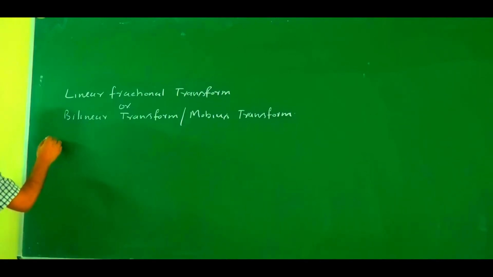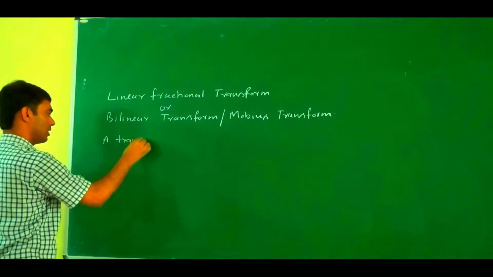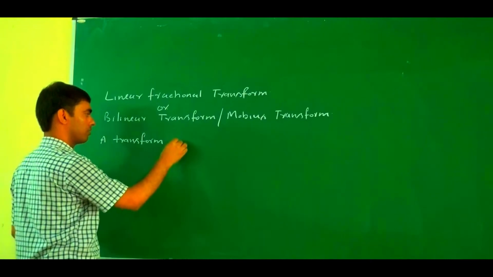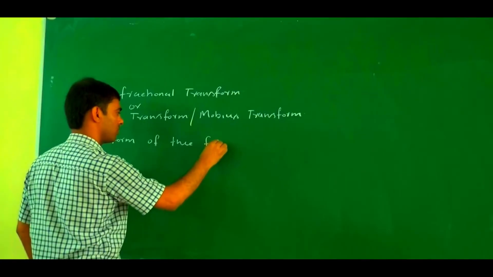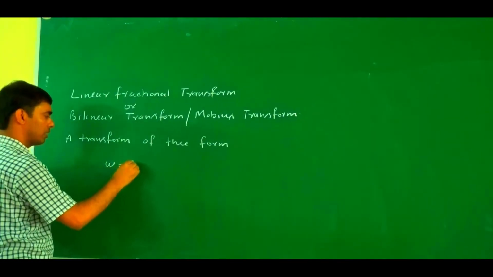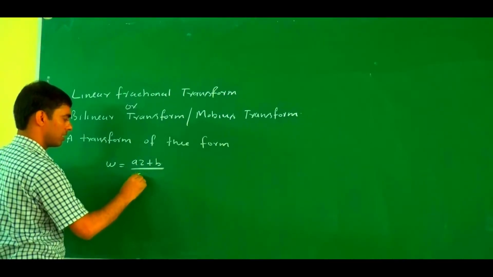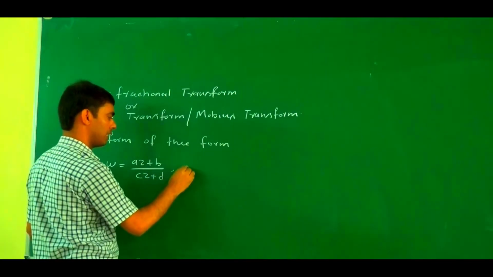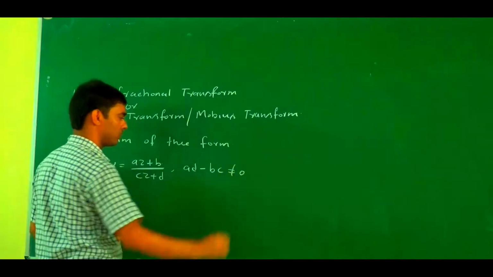So what is the definition for this one? A transform of the form W equals (AZ plus B) divided by (CZ plus D), provided AD minus BC does not equal 0.